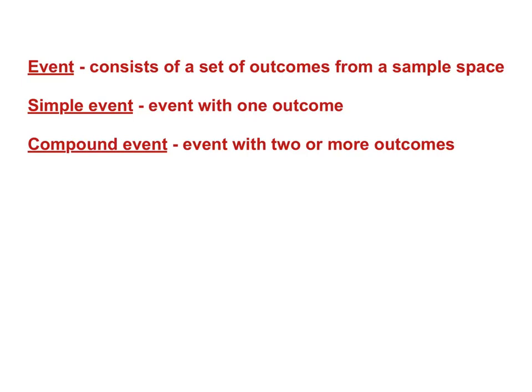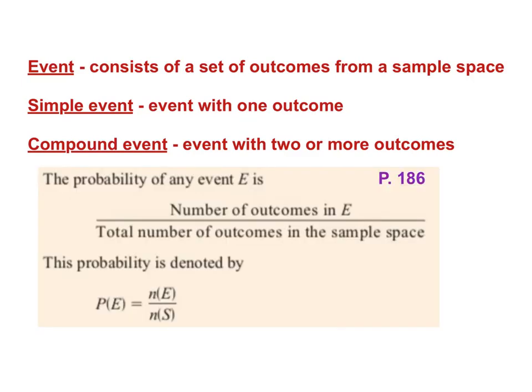Now let's actually define probability. This is also in your book, or you can take a picture of the screen. It's up to you. Probability of an event E: the letter E is going to stand for the event.